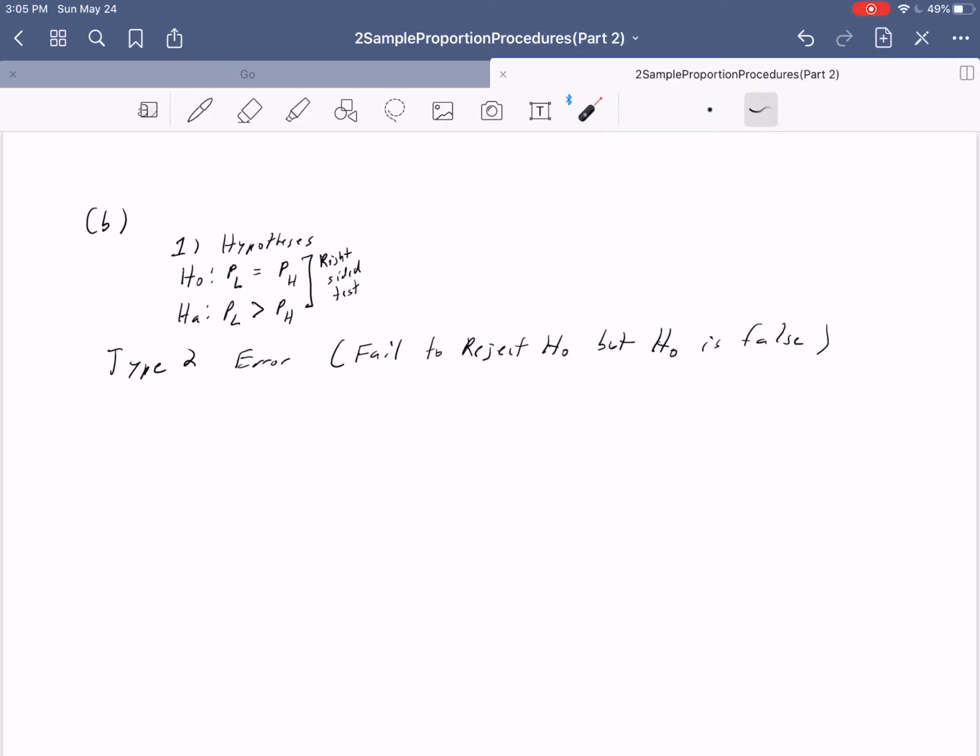In other words, by failing to reject H0, we're keeping this guy around, which says that the percentage from the low risk equals the percentage from the high risk. But H0 is false, meaning this guy was wrong, and the percentage for the low-risk group was higher than the percentage for the high-risk group. So that error described would be a type 2 error.